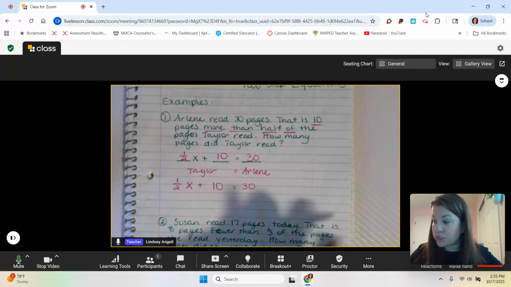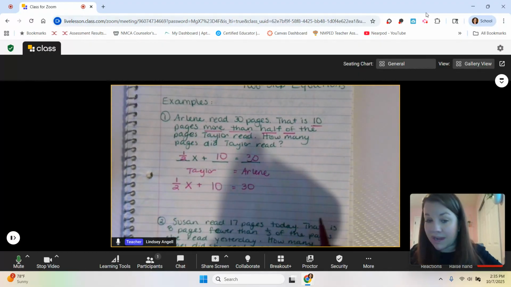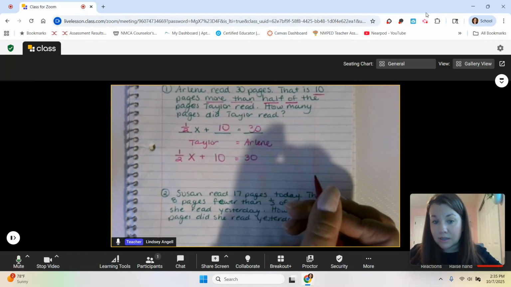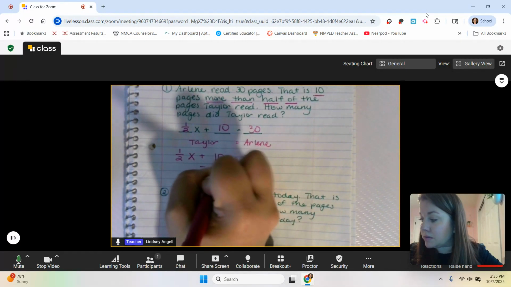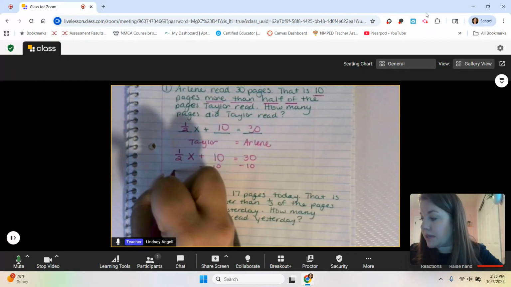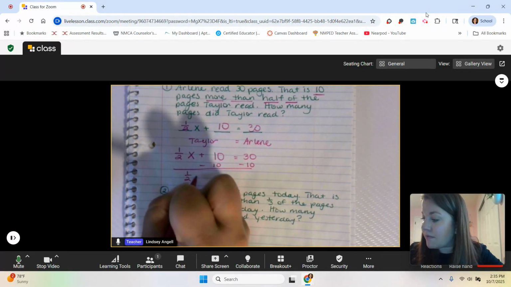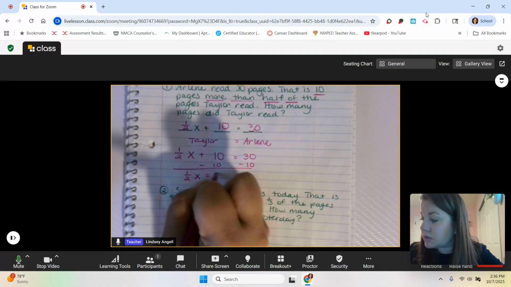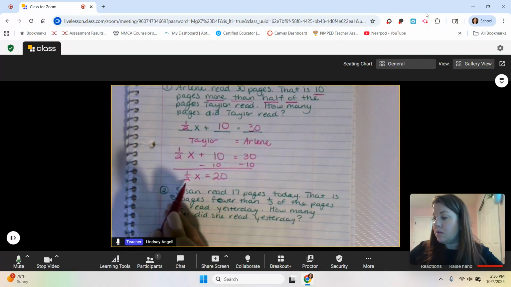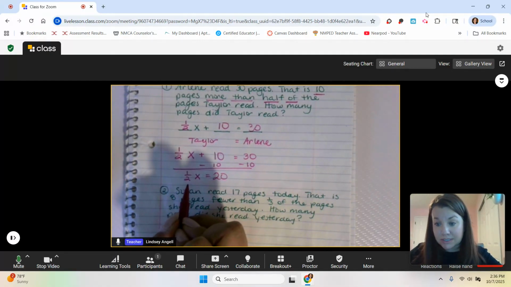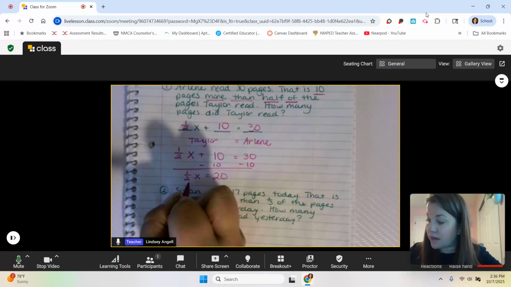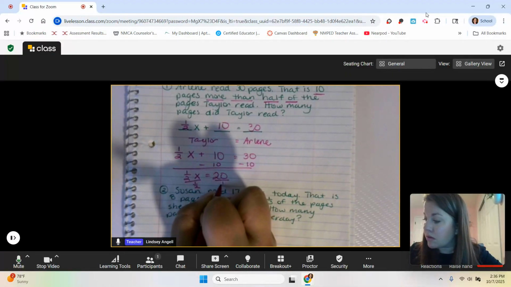So as a refresher to solve, we could say, okay, well, right now I'm adding 10. So to get rid of it, I'm going to subtract 10. I didn't leave myself very much room. But then I have 1/2 x equals 20. Well, divide both sides by 1/2, right?